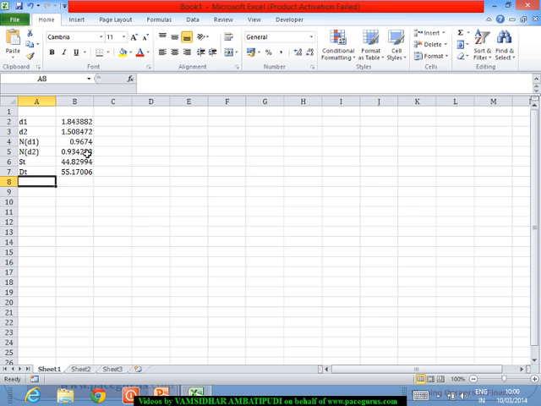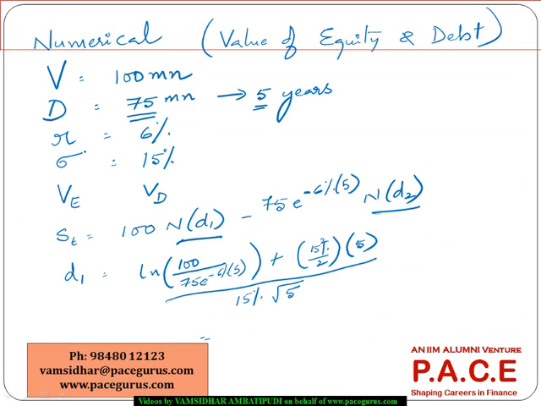or two, I could have taken the value of the debt as the current value of the debt I could have taken as debt on the maturity period, the face value of debt, right? I could take the present value of the face value, which is 75 e power minus 6% into 5.